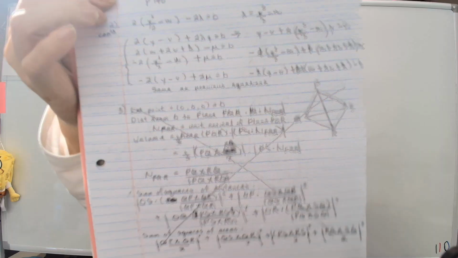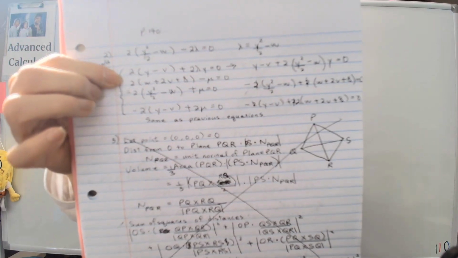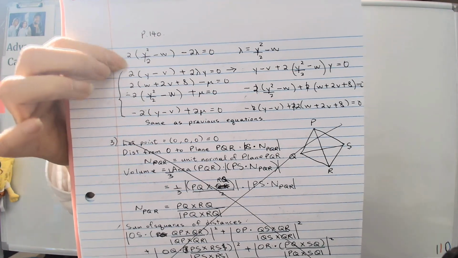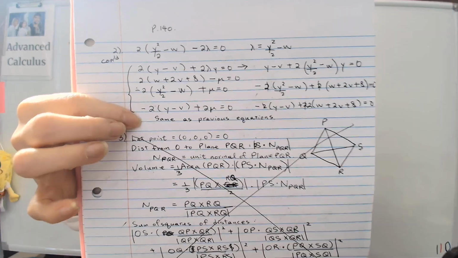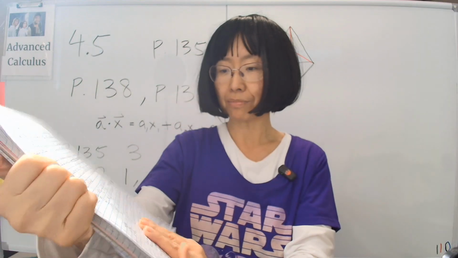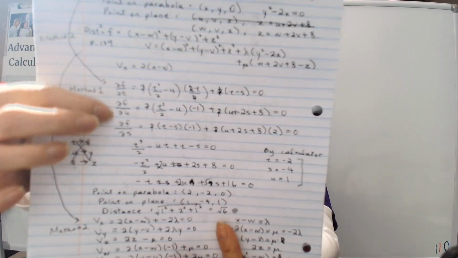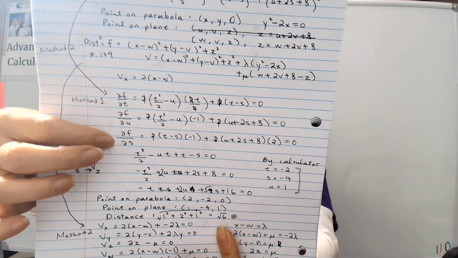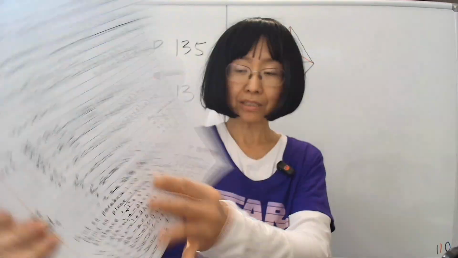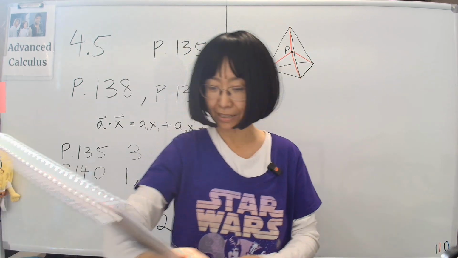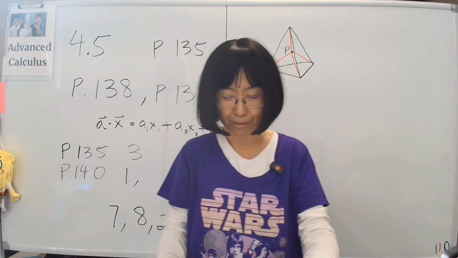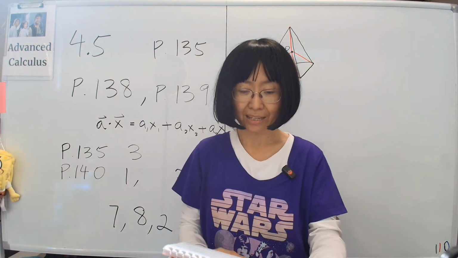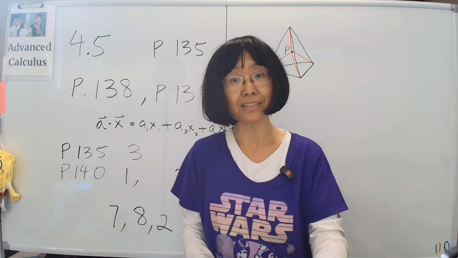I end up with equations identical to what I had before. These are basically the same as the previous equations from the partials. I end up having to solve the exact same things, which means that, at least in my attempt, the Lagrange multiplier doesn't happen to be any better, or maybe even more tedious in this case.